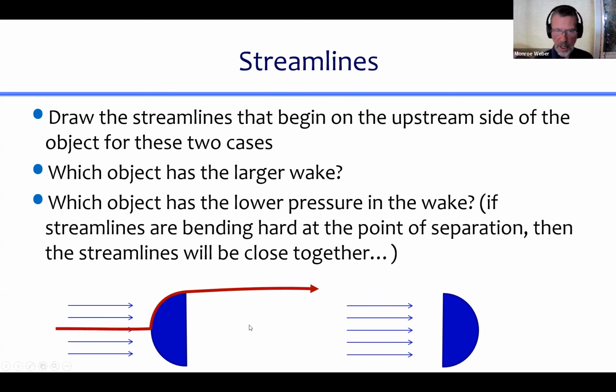There's one streamline for this first hemisphere. And there's a streamline going into the center for the other hemisphere. And what you see is that this streamline went into the hemisphere, came back out of the hemisphere, and had to do like a 180-degree bend to actually get going in the right direction again.